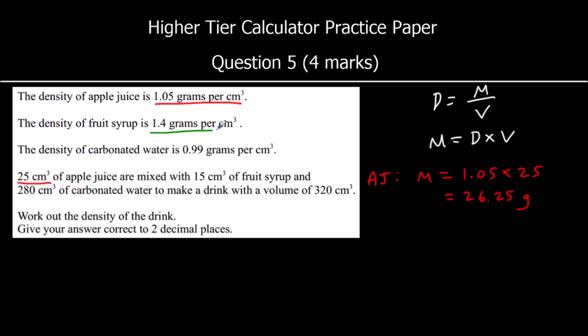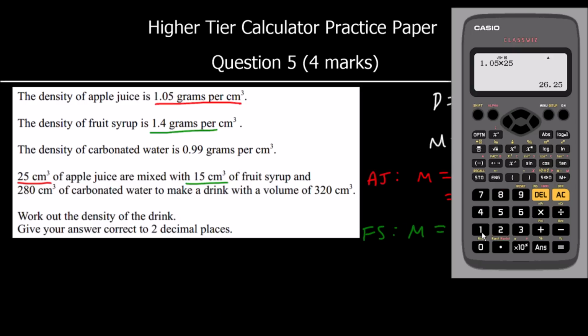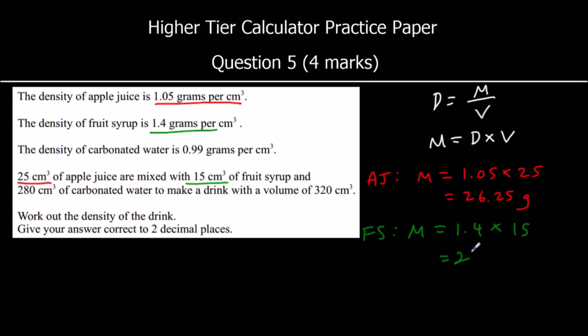For the fruit syrup, the mass is 1.4 times 15. And that is 21. So the apple juice weighs 26.25 grams. The fruit syrup weighs 21 grams.